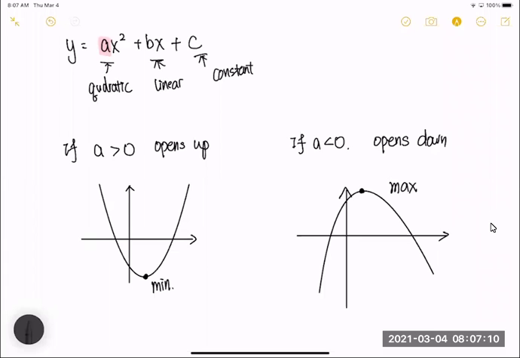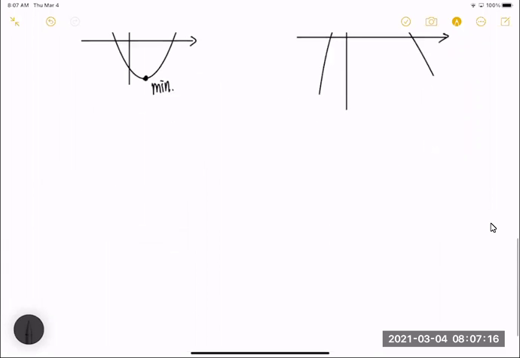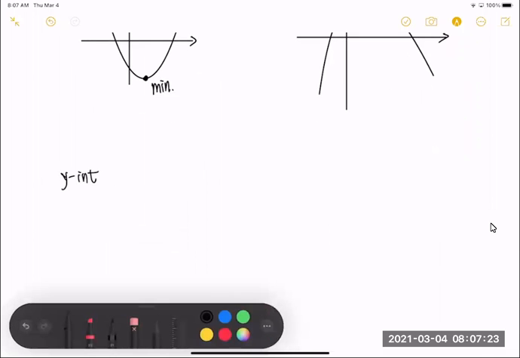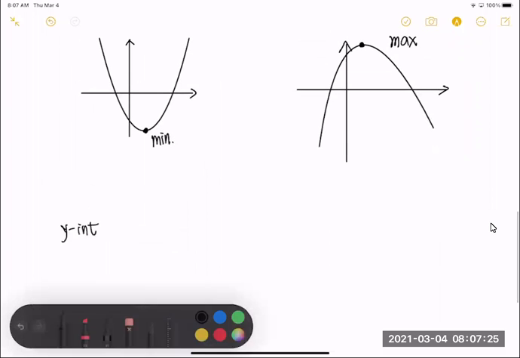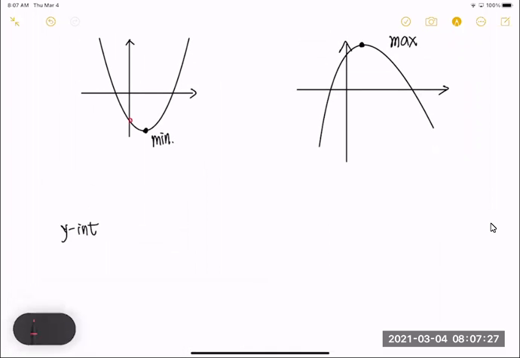So now let's see, how do we find the x-intercept, y-intercept, and the vertex? Let's do the y-intercept first. If you look at the y-intercepts that we had in the previous graph, what do they have in common? They are all on the y-axis, right?